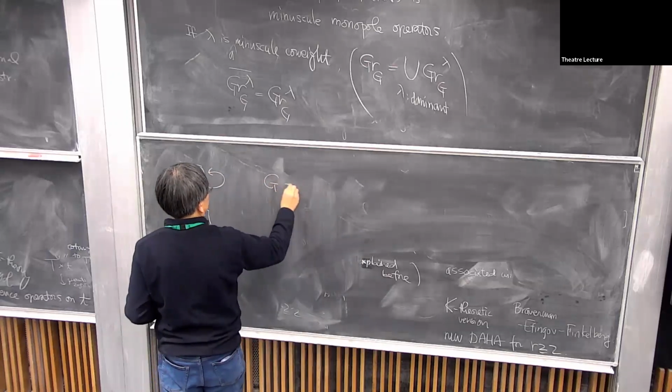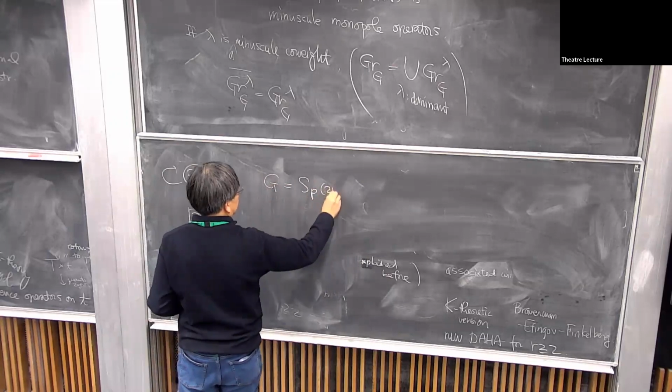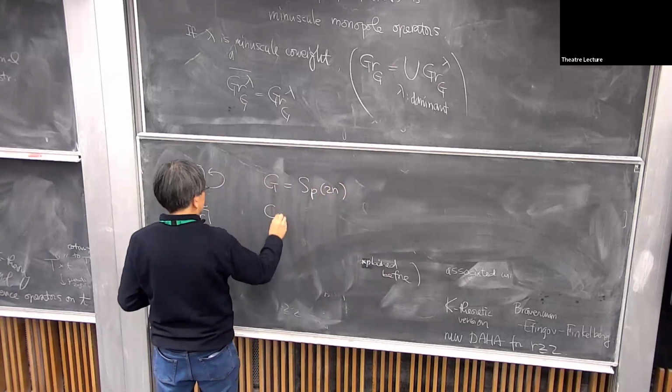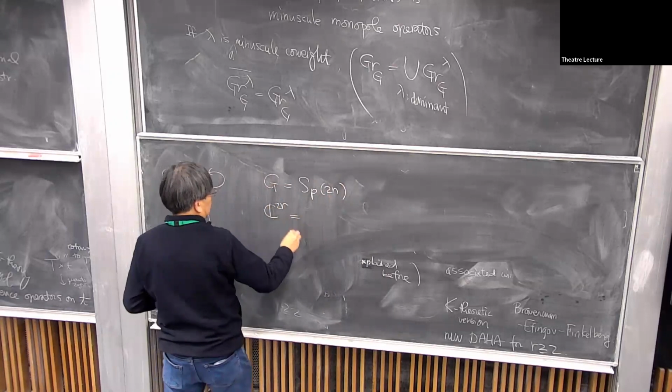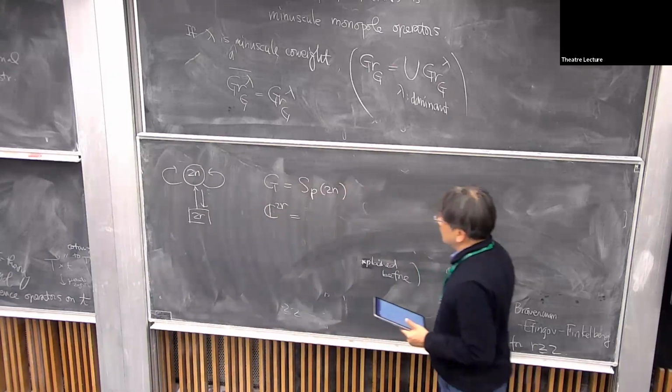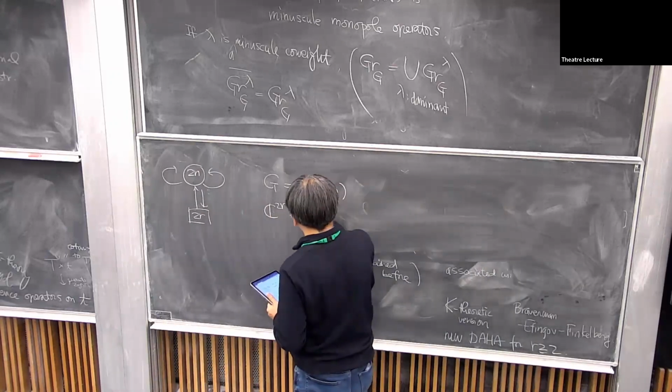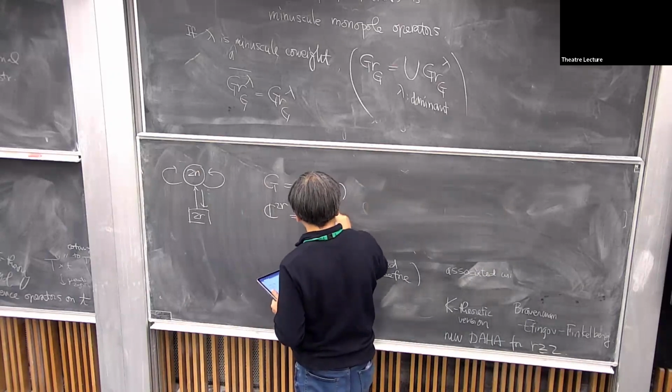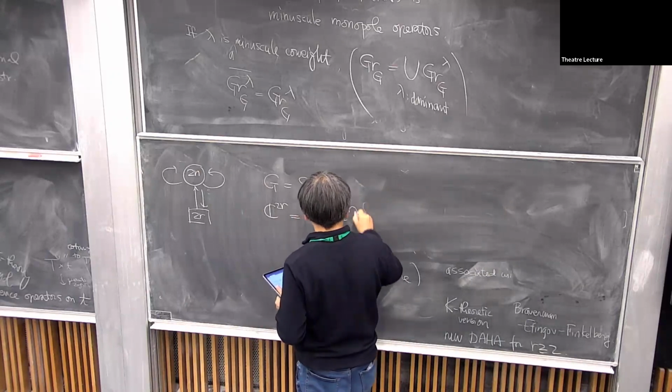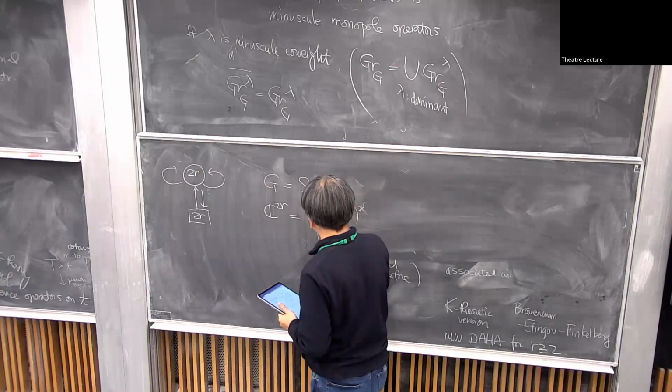So G is Sp(2n) and C^2r. This is an orthogonal space, but I want to consider this as a cotangent type, so I decompose it into C^r and C^r star. So this is an isotropic subspace.